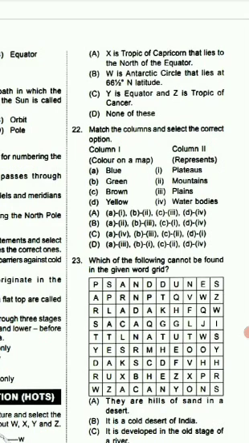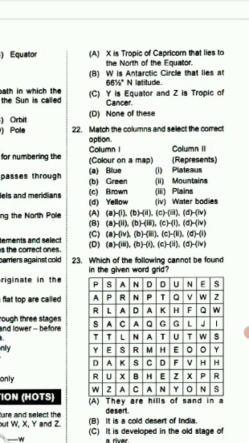Number 22. Match the column and select the correct options. Column 1 and column 2. Color on a map represents: blue, green, brown, yellow; and plateaus, mountains, plains, water bodies.